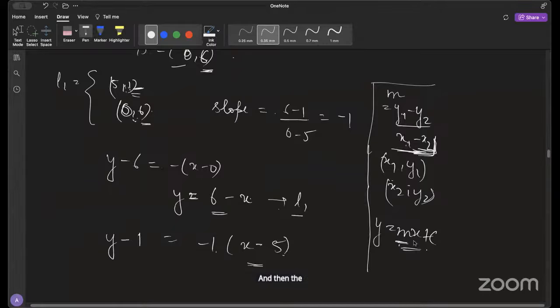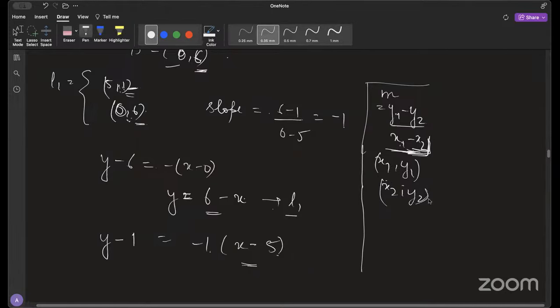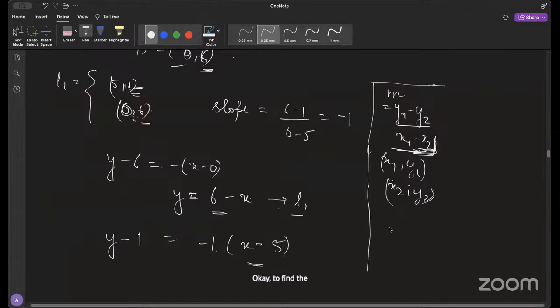And then the next thing you need is, to find the equation of a line, you either need a point and slope, or you need 2 points. Using those 2 points, you find the slope and pick any 1 point. You've been given 2 points, right?